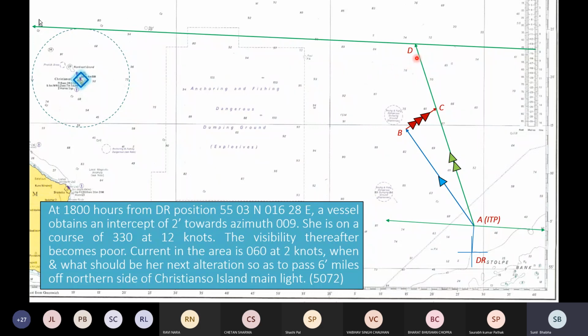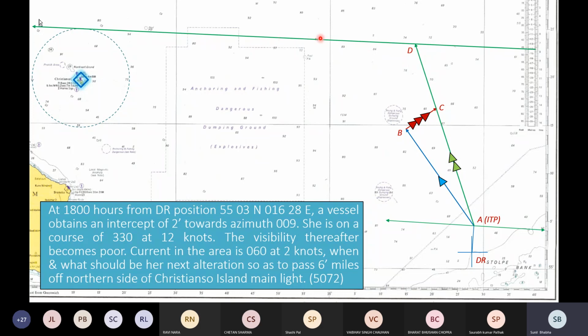For this, I will make another course, distance and current vector triangle starting from point Delta. In this case, I have to counteract the current. In the first case, we allowed for the current because CTS was known to us.